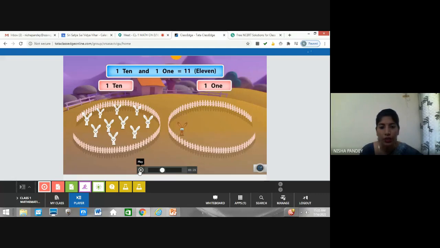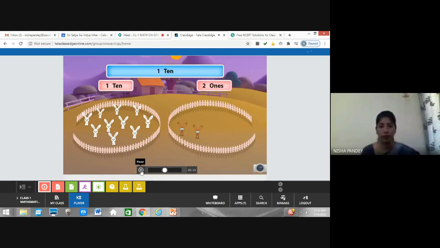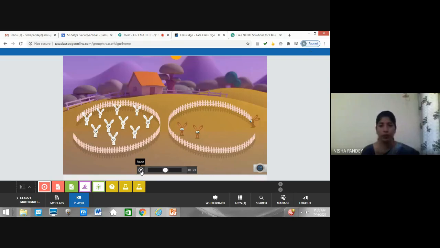So let's see it more. Yeah. Here comes one more brown rabbit. So now there are 10 white rabbits and 2 brown rabbits. The total number of rabbits is 110 and 2 ones. 110 and 2 ones is 12. Here is another rabbit. There are 3 brown rabbits now.